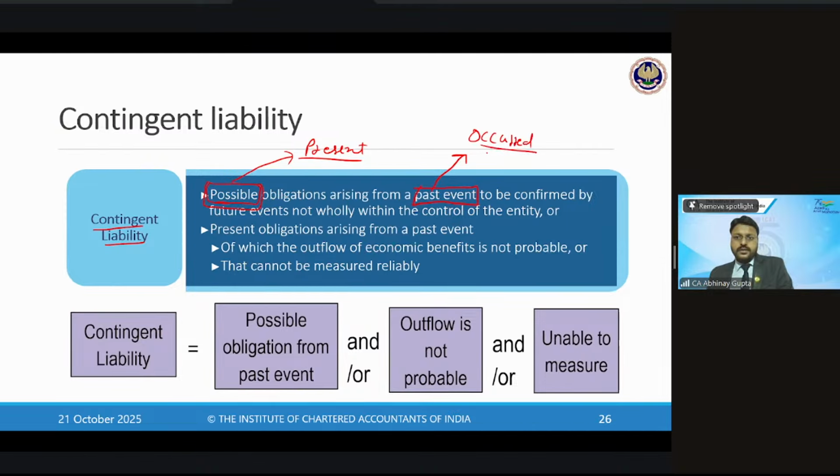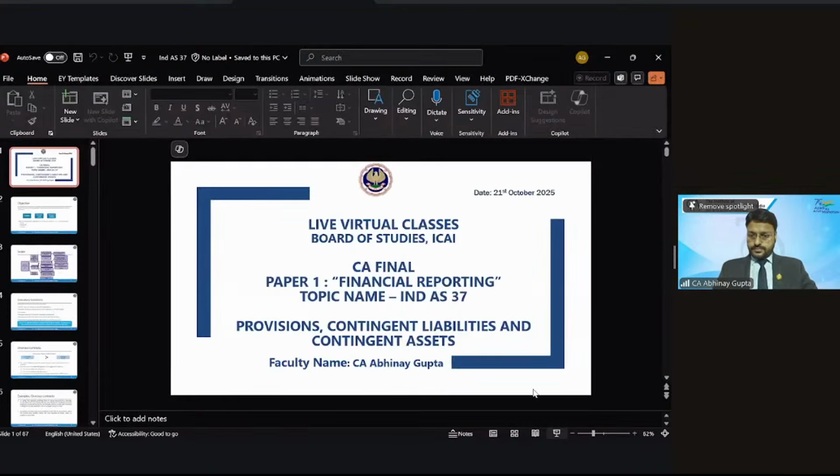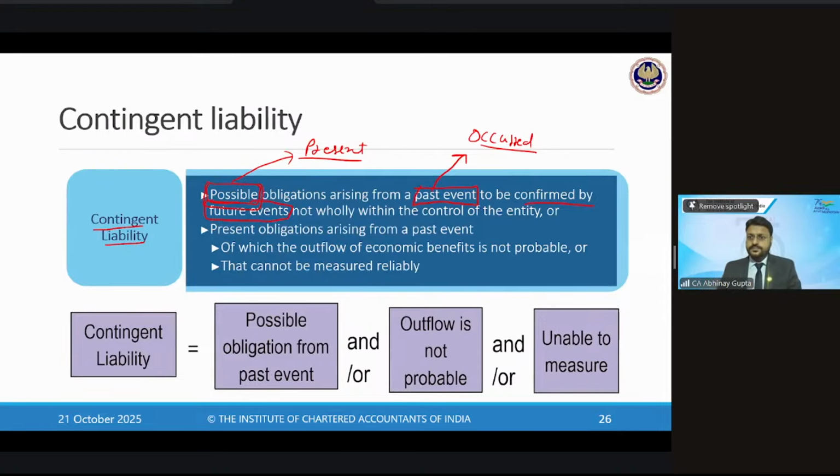Correct, occurred. But this past event will be confirmed by some future event as well. So event in this case is the past event as well as the future event.